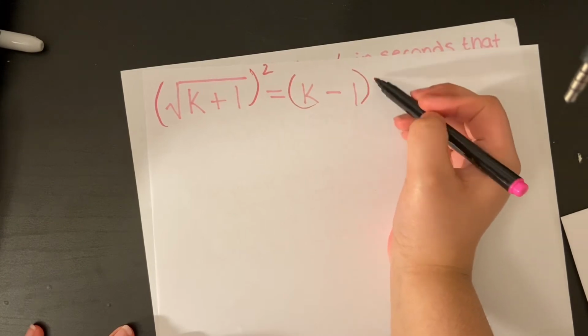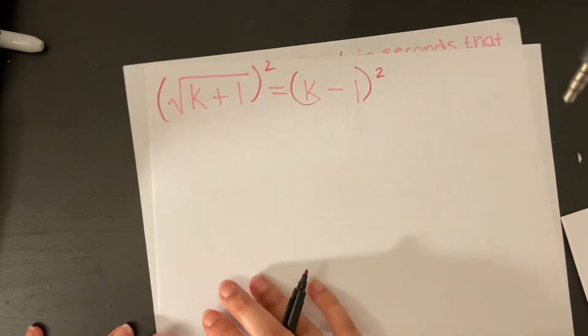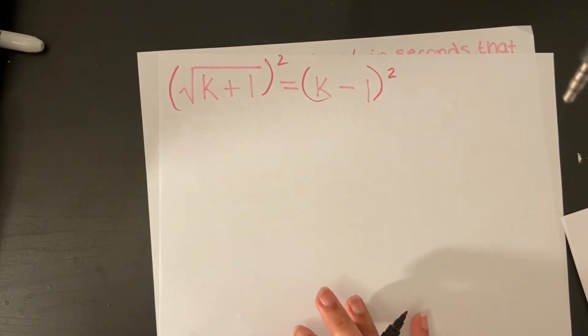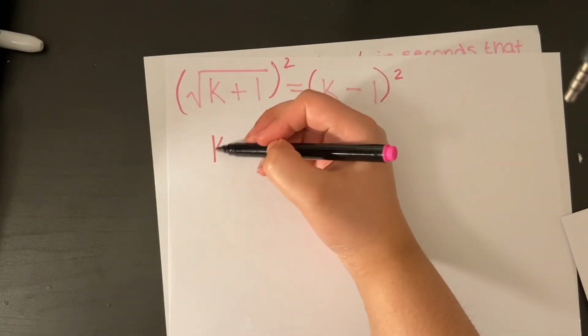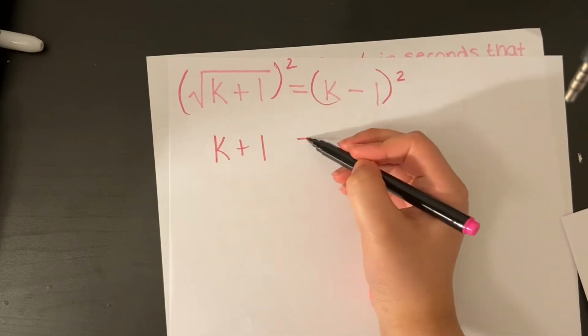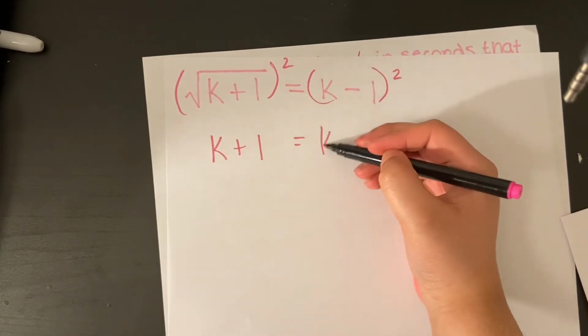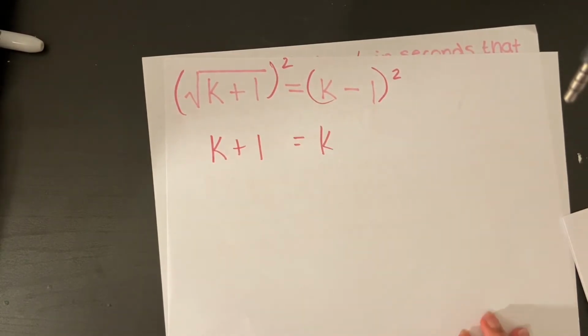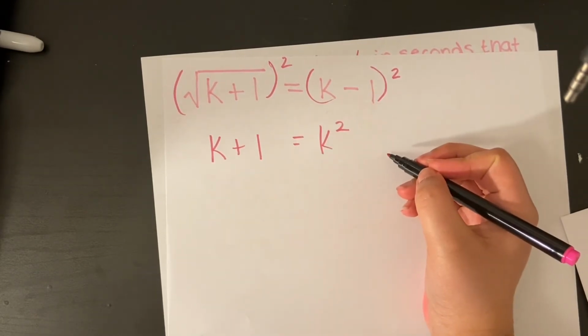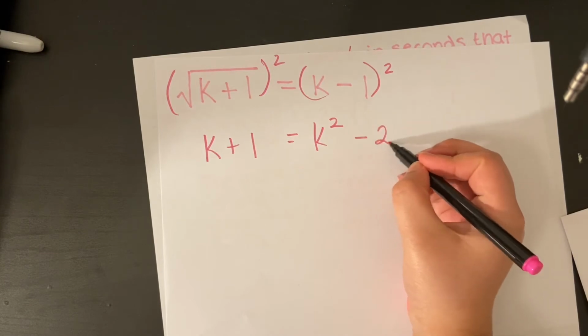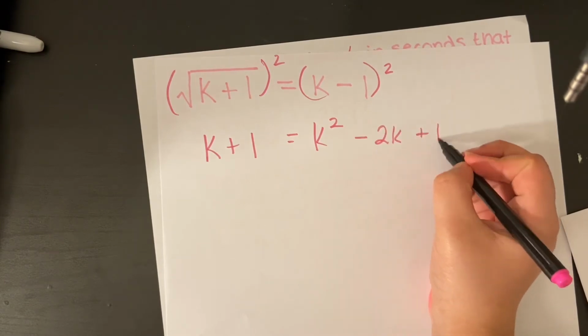All right, first, again, square both sides since we don't need to bring anything over. Square, square. Now this will be a quadratic, obviously, because we're using FOIL to factor this out. K plus 1 is equal to, again, first, outer, inner, last. That's FOIL. So it would be k squared minus 2k plus 1.